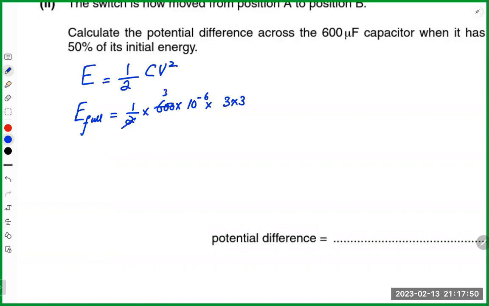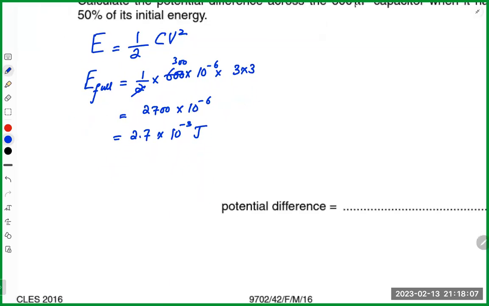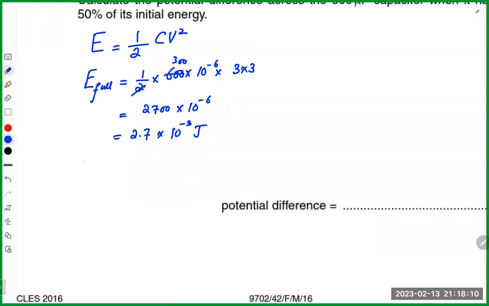So 300, 3 into 3, 9, 2700 into 10 to the power minus 6, which is 2.7 into 10 to the power minus 3 joule. So 2.7 millijoule.